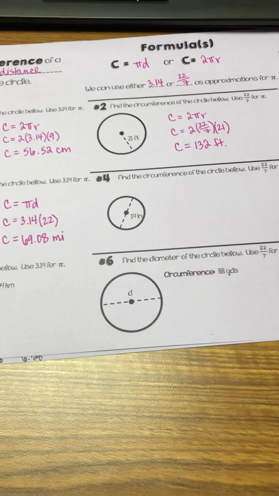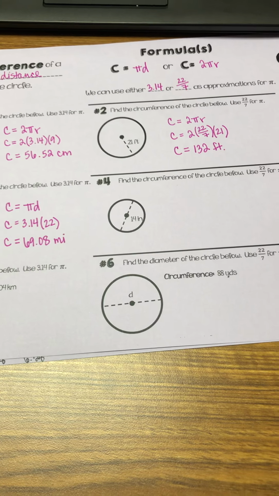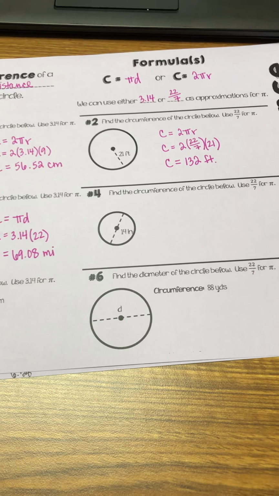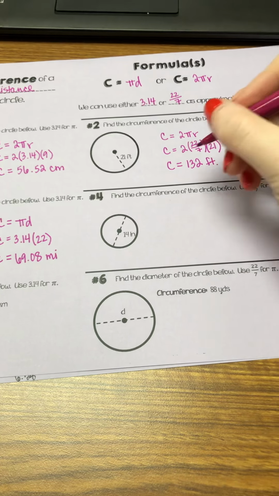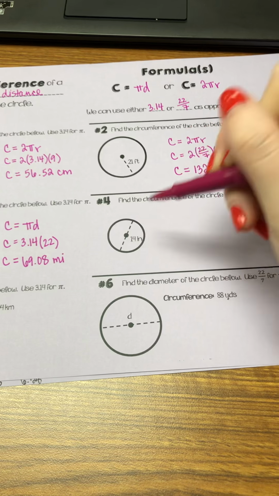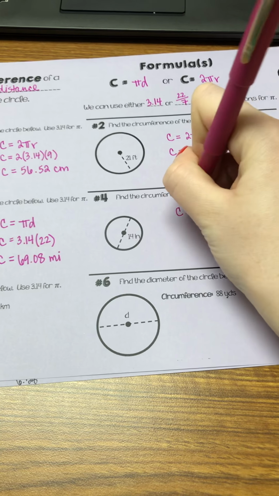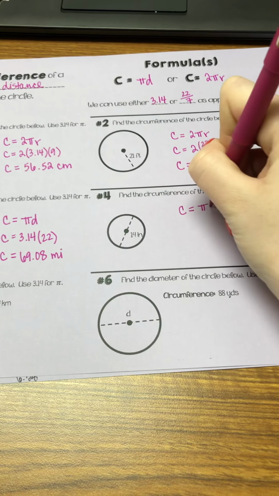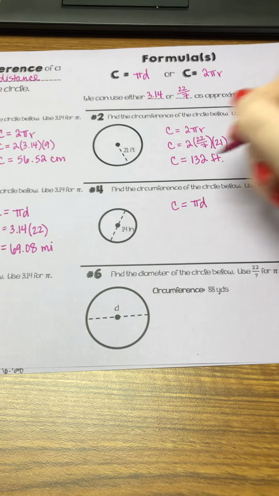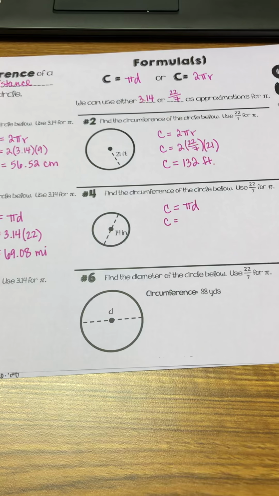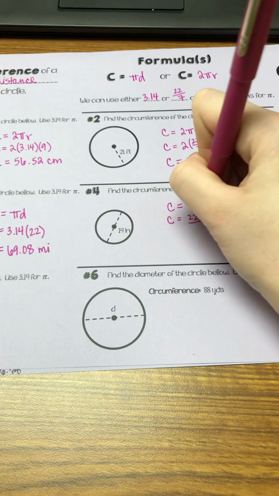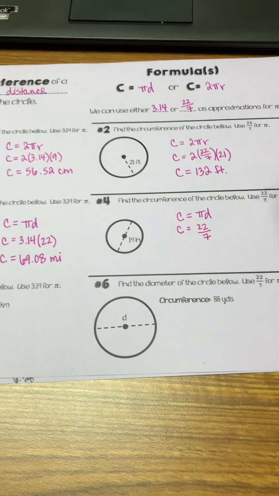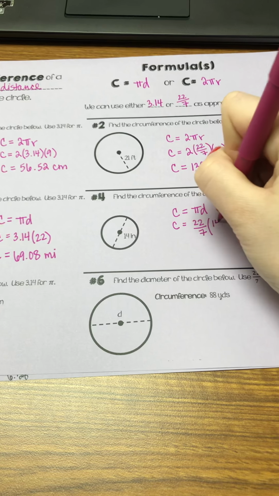Number 4. So it says find the circumference of the circle below, use 22/7 for pi. So again, they gave me the diameter, so I'm going to use the formula pi d, because d stands for diameter. Now, they want me to use 22/7 for pi, and then I'm going to substitute in 14.